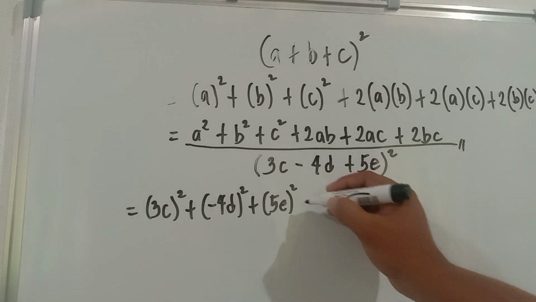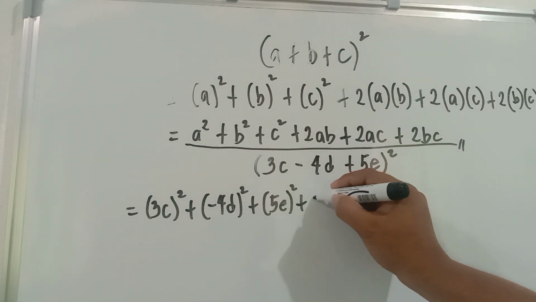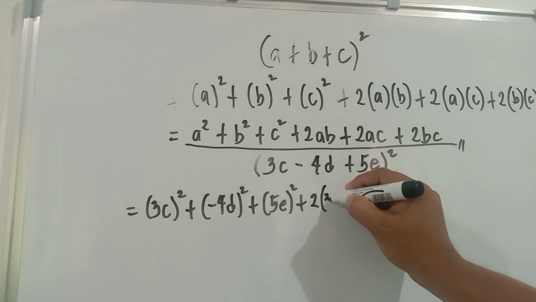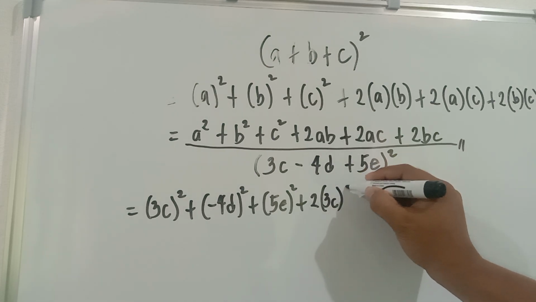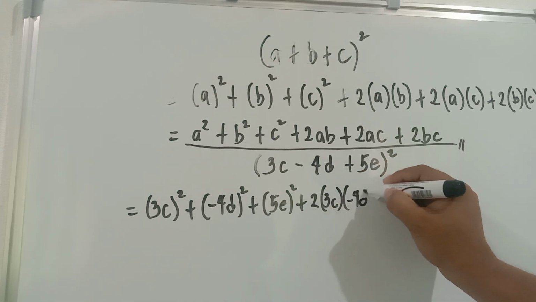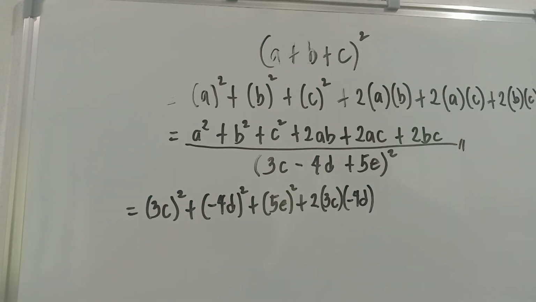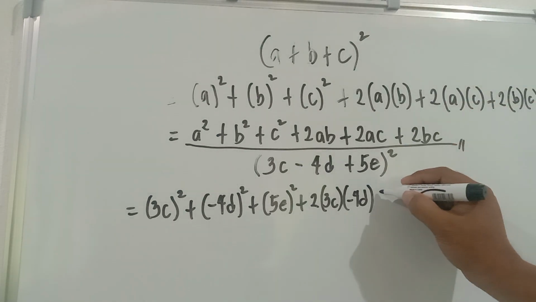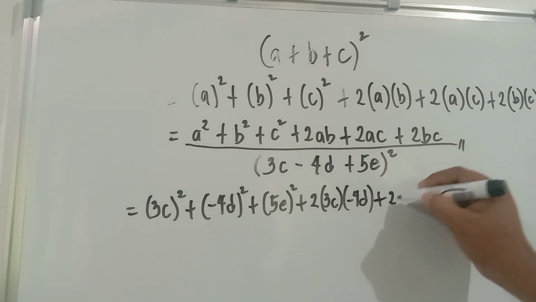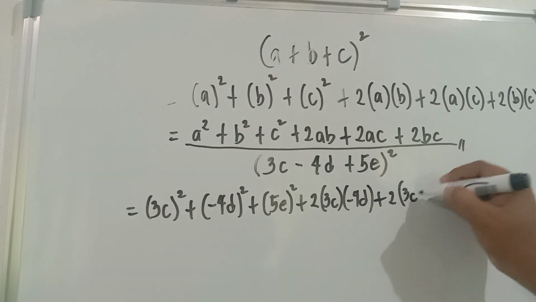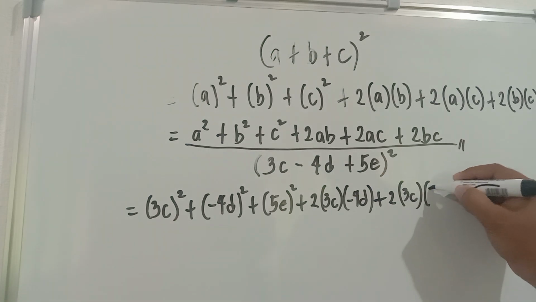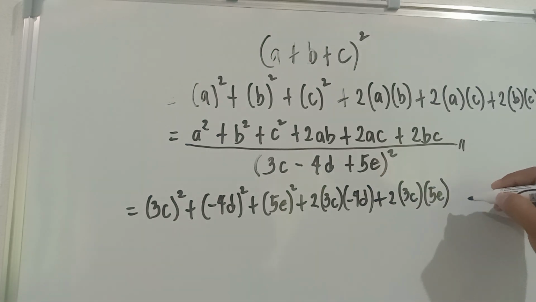Next we're going to multiply the first term and the second term and multiply it again by 2. We have plus 2 times 3c times negative 4d. And then for the next step, we're going to multiply the first term and the last term and then multiply it again by 2. So we have 2 times 3c times 5e.